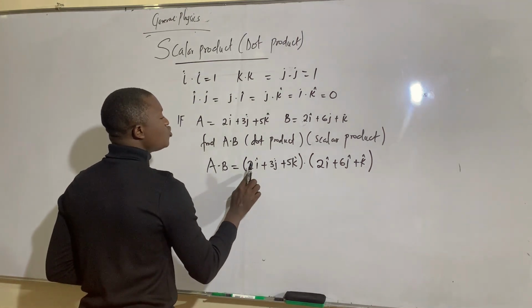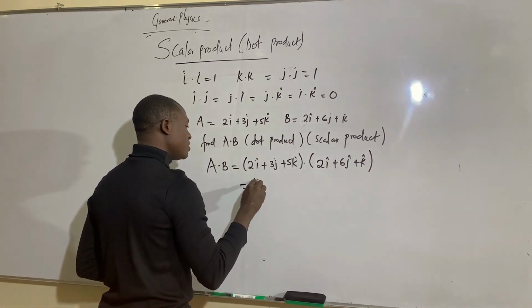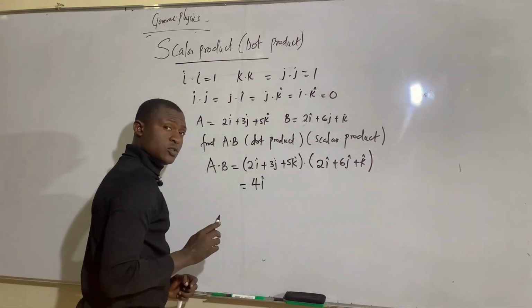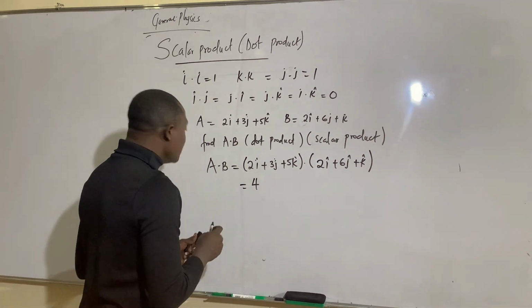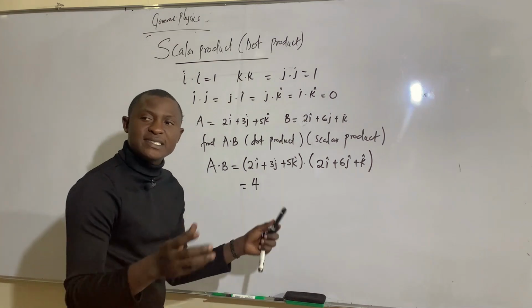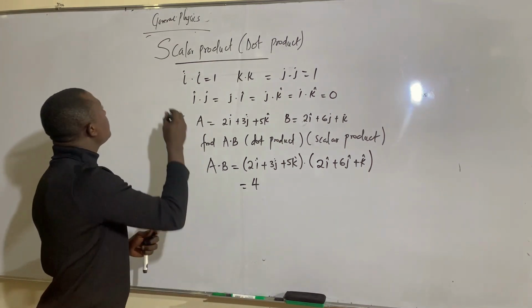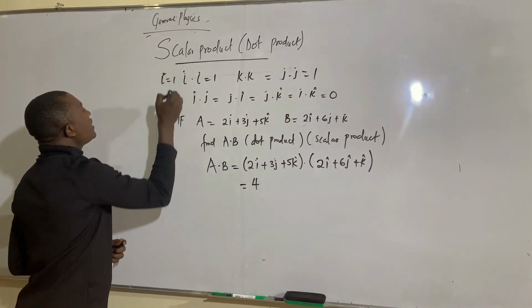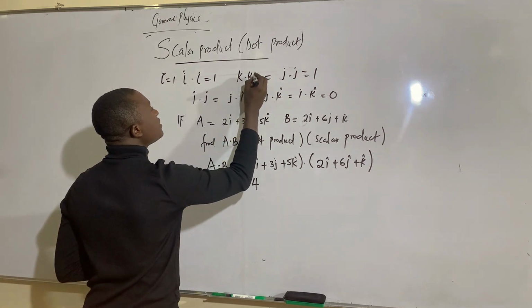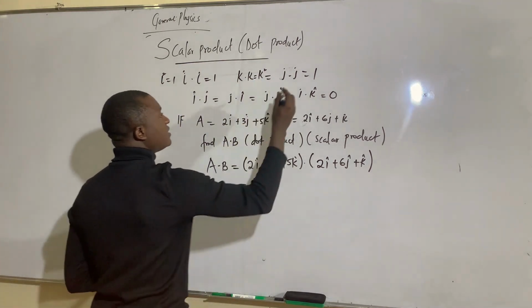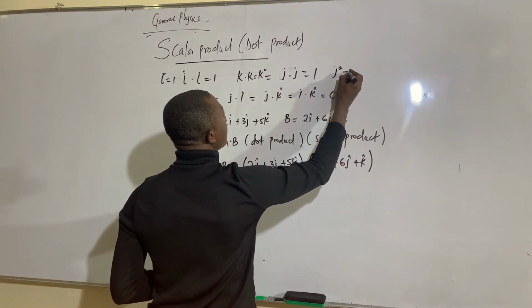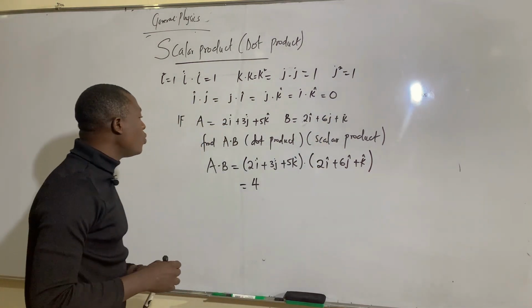Now 2i times 2i, of course, you are going to have 4i squared. Sorry about that. You don't need to waste your time expanding it. If I say i dot i is like i squared, and i squared is 1; k times k is like k squared, and that is 1; j dot j is like j squared, that is equivalent to 1.